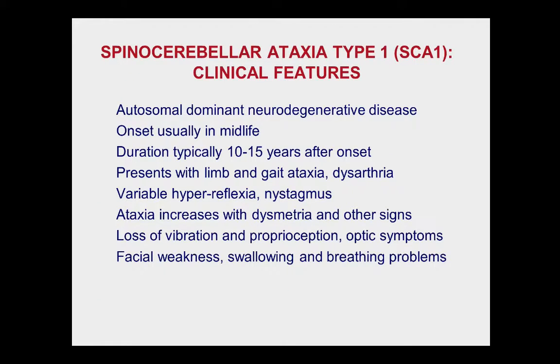So SCA1 is an autosomal dominant ataxia, with onset usually in midlife. The duration is typically 10 to 15 years after onset. It's a fairly severe disease, and patients die largely from problems outside the cerebellar system, where they have cranial nerve nuclear involvement and develop problems much like you might see with ALS.